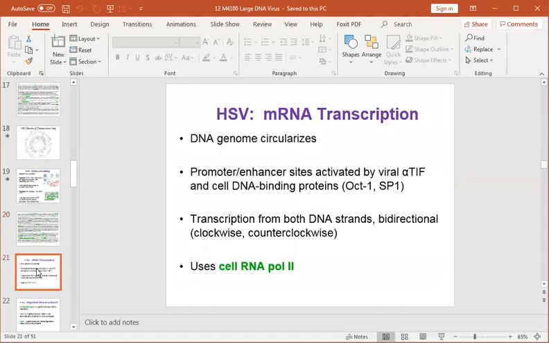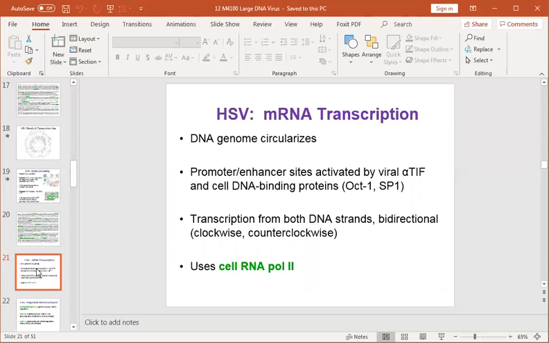Slide number 21, once the virus gets in, how the messenger RNA of HSV will be transcribed. The DNA genome circularizes. So the promoter and enhancer sites will become activated by that protein complex made up of viral alpha TIF and some host cell DNA binding proteins such as OCT1, SP1.